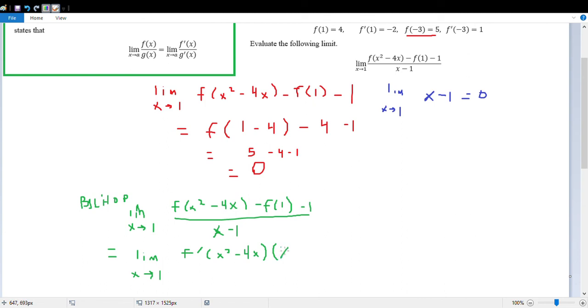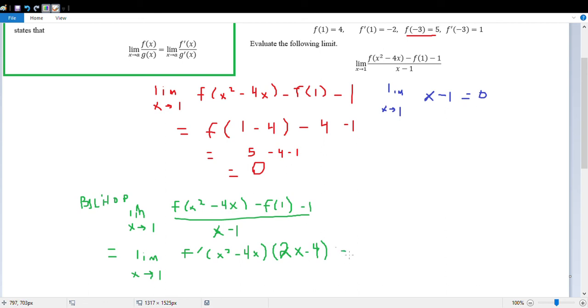That's so important. The derivative of x squared minus 4x is 2x minus 4. Very important that we put the chain in parentheses, or else we'd only be multiplying by the 2x, not the 2x minus 4.